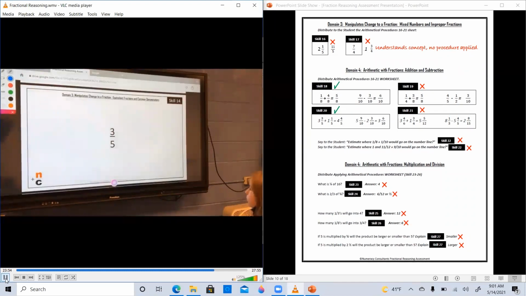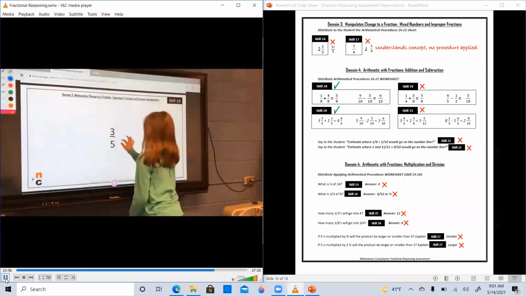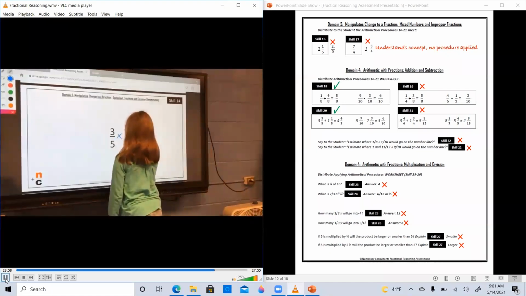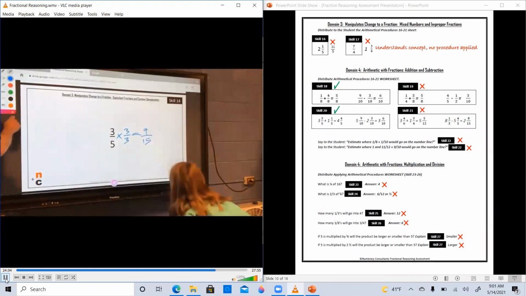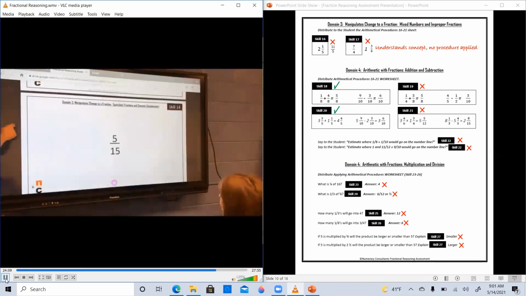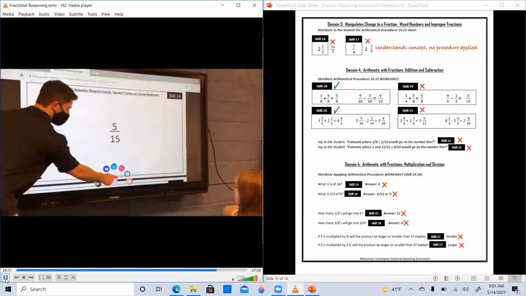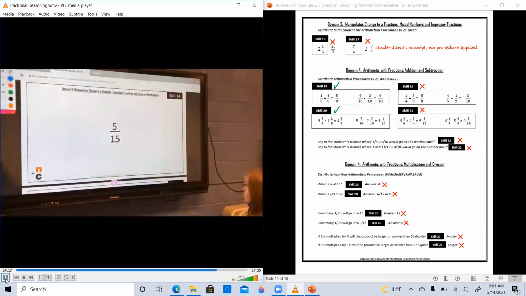Can you write an equivalent fraction for me? Can you write an equivalent fraction for me that puts this in simplest form?